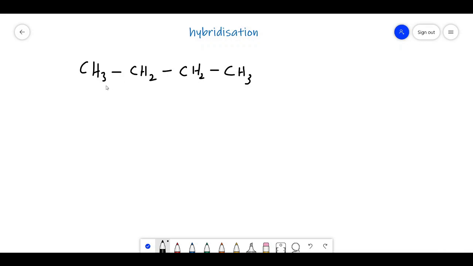In the last class, we discussed how to write the hybridizations. When a carbon has 4 sigma bonds, then the hybridization is sp3. So this is also sp3. If you have any doubts, you can see the previous video. So this is also sp3.